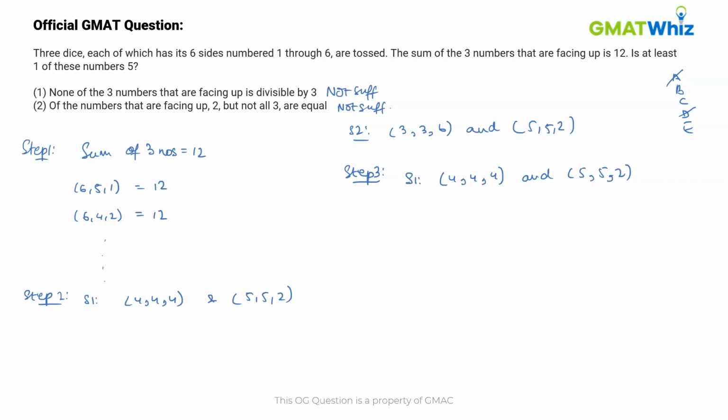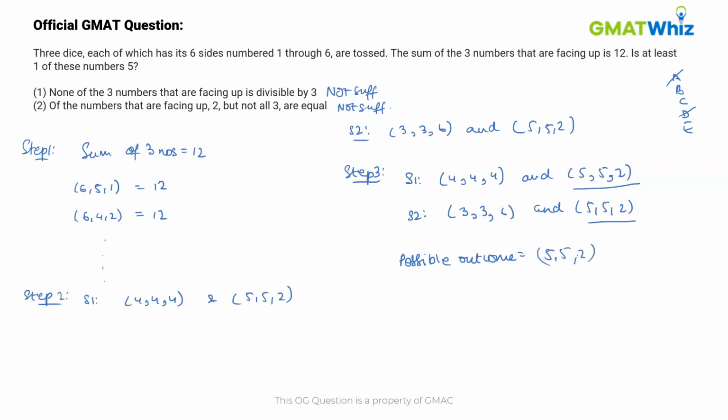These numbers are not divisible by 3, and statement 2 tells us that the possible outcomes can be 3, 3, 6 and 5, 5, 2. Now when we combine both the statements together, we see that the only possible outcome is 552 in both the cases.